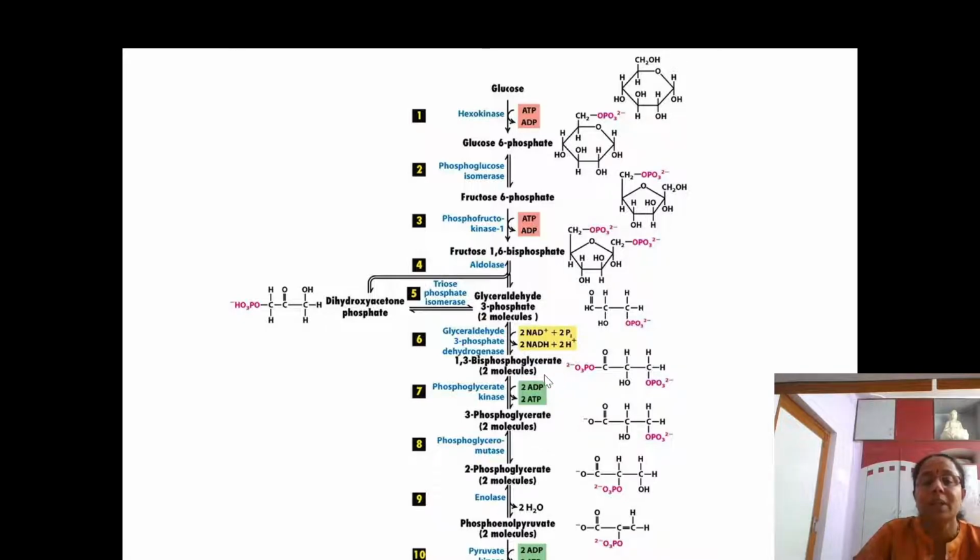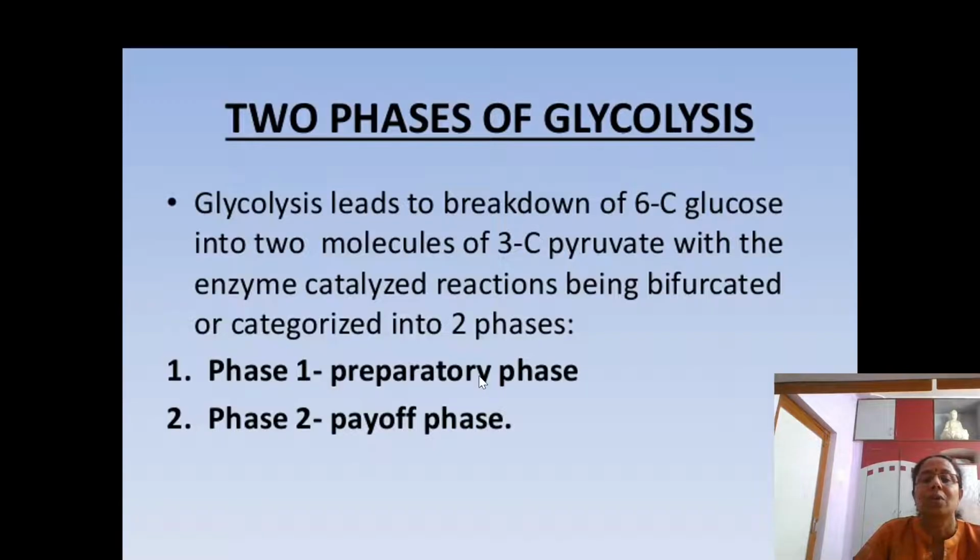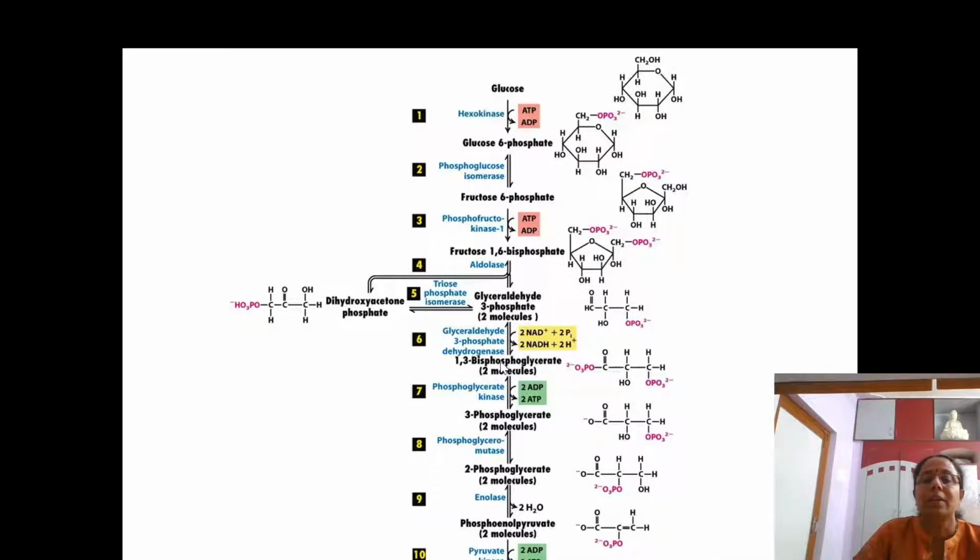Now, step 7 of glycolysis. This 1,3 bisphosphoglycerate is converted into 3-phosphoglycerate. You look here, there are 2 phosphate groups. One phosphate group is given to ADP, so ATP is synthesized.